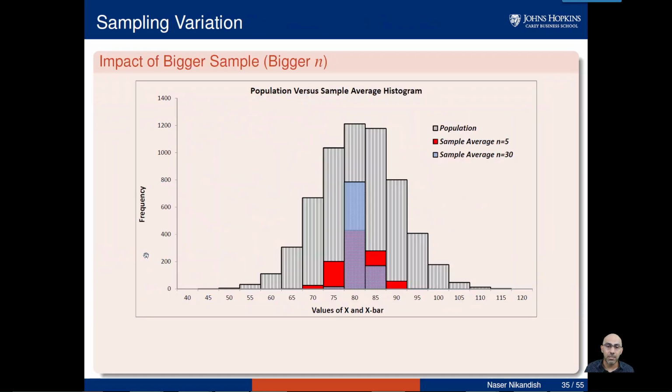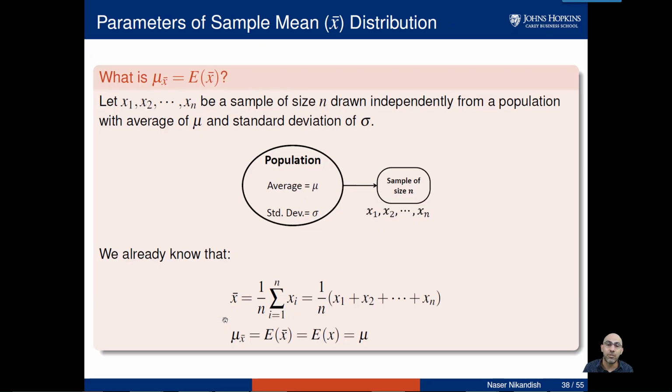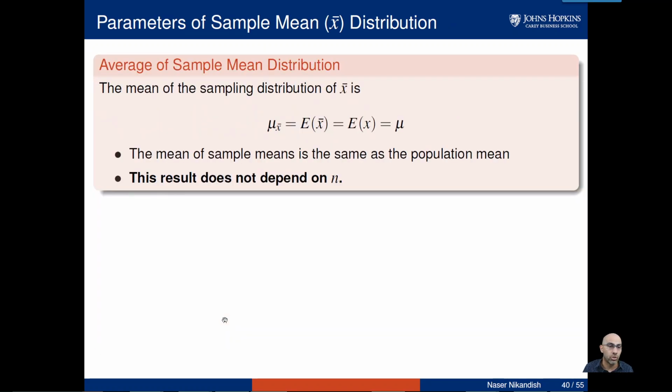That explains why, by increasing n, you are getting all your histogram in a much denser interval, because by increasing n, your variance goes down. That is the distribution of x bar. Now that distribution of x bar, we call that sampling.